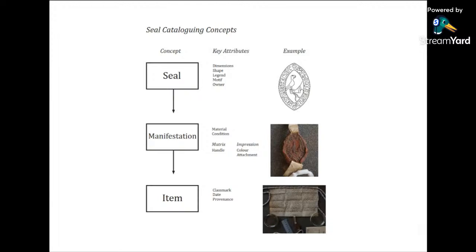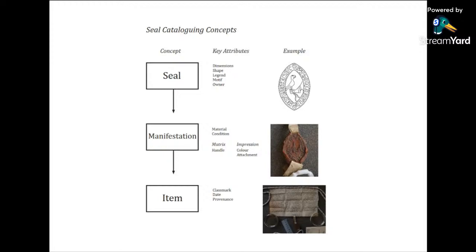Now, underlying this particular system is a set of cataloging concepts. What we're doing here, in the first instance, is making a distinction between the seal as an image, object, image, text, dimensions, you might say the abstract concept of what is represented on the seal, what the seal represents, conveys in terms of information.